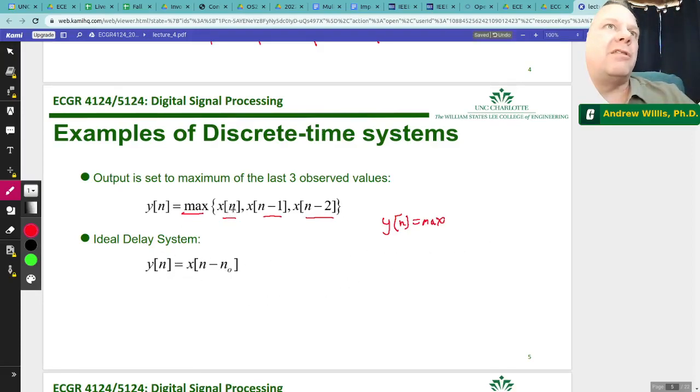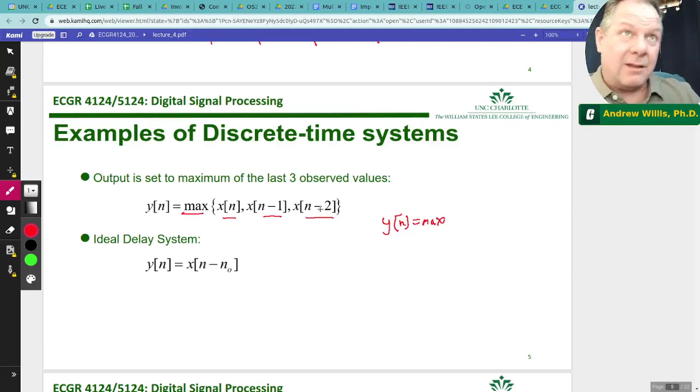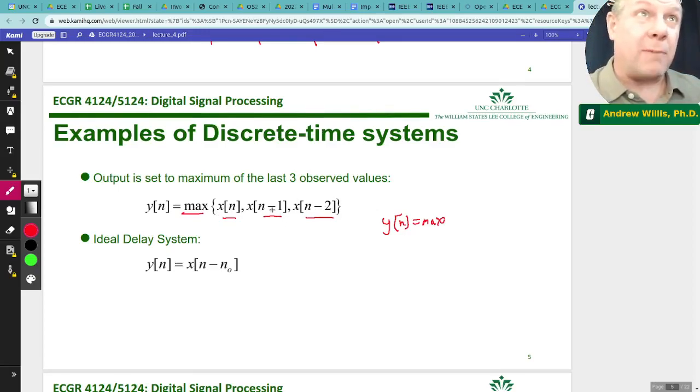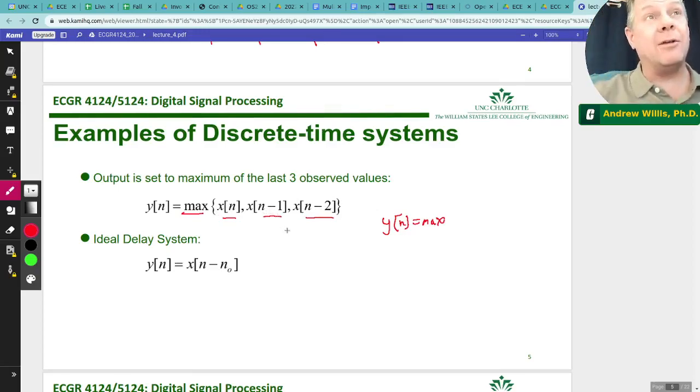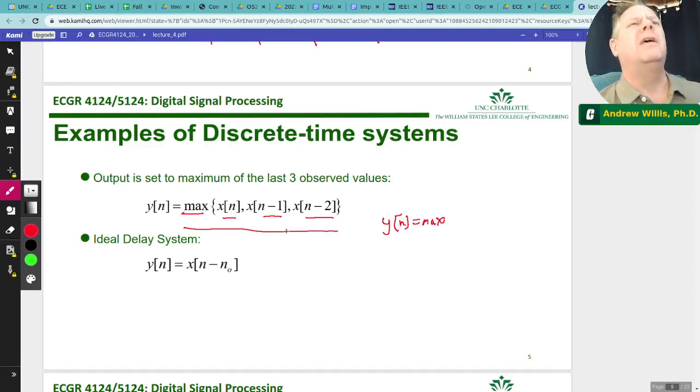In this case, it takes the current index, the previous index, and the value of the function that's previous to that, and sees which one of them is maximum, and then it outputs that value. So this is used a lot in image processing. In fact, this is used extremely frequently in artificial intelligence.